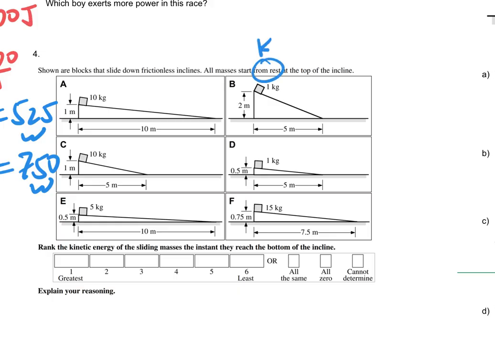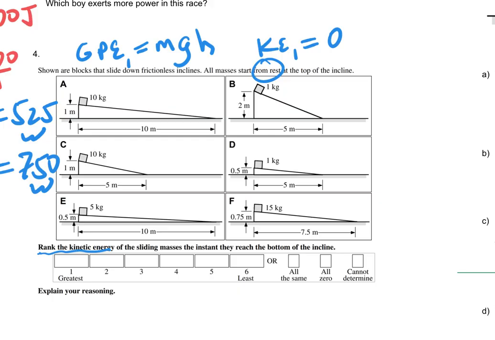So I know KE1, initial KE, is 0 for all these cases. We have GPE1 equals mgh. What we're trying to do is rank the kinetic energy of the sliding masses at the bottom of the incline.